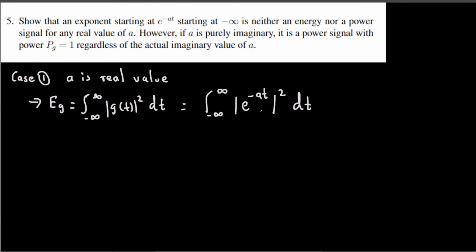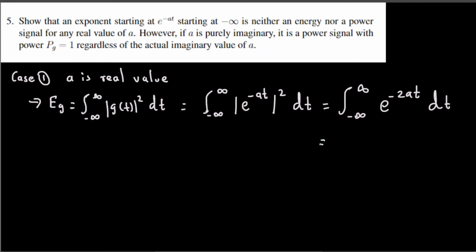If we square e^(-at), the exponent becomes -2at, because if you square an exponential, the exponents multiply. So we end up with the integration from negative infinity to infinity of e^(-2at) dt. Now let's do the integration.